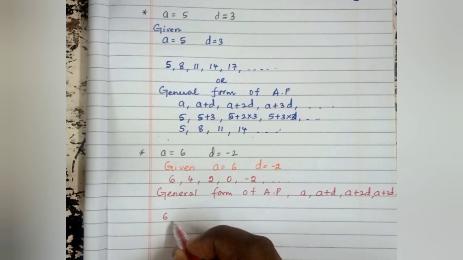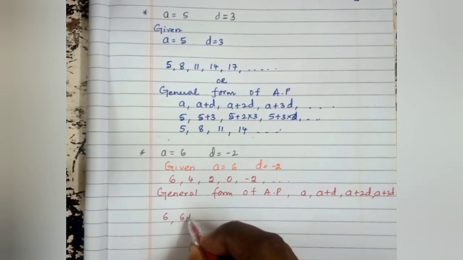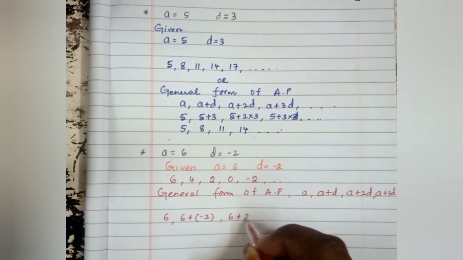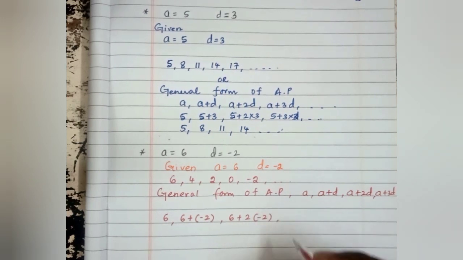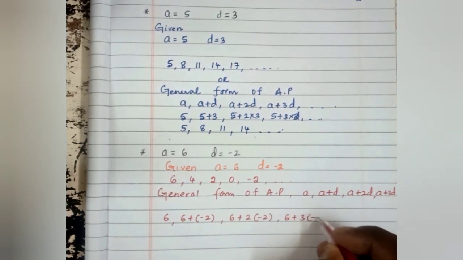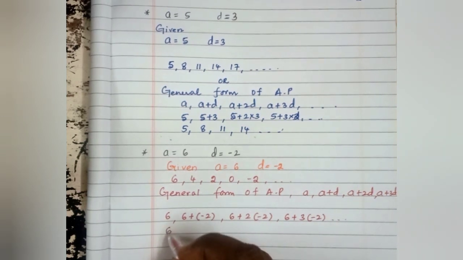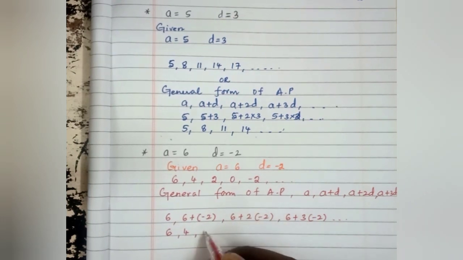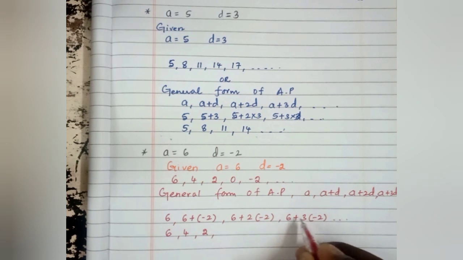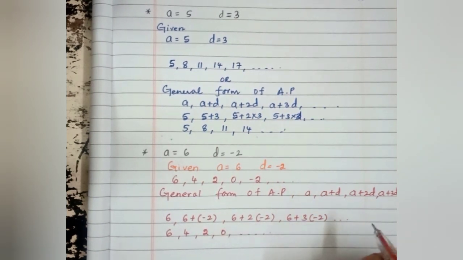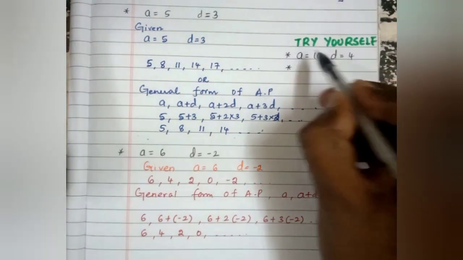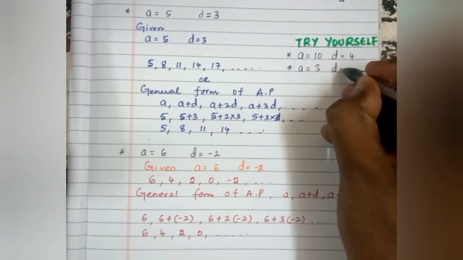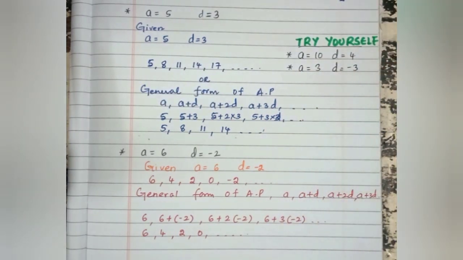Just substitute the values of A and D in the general form of AP: 6, 6 plus minus 2, then 6 plus 2 into minus 2, then 6 plus 3 into minus 2. 6 as it is, then plus into minus is minus, 6 minus 2 is 4, then 2 twos are 4, plus into minus is minus, 6 minus 4 is 2, then 2 threes are 6, plus into minus is minus, 6 minus 6 is 0. That is the required AP. Please try yourself: A is 10, D equals 4, then the next question A equals 3, D equals minus 3.